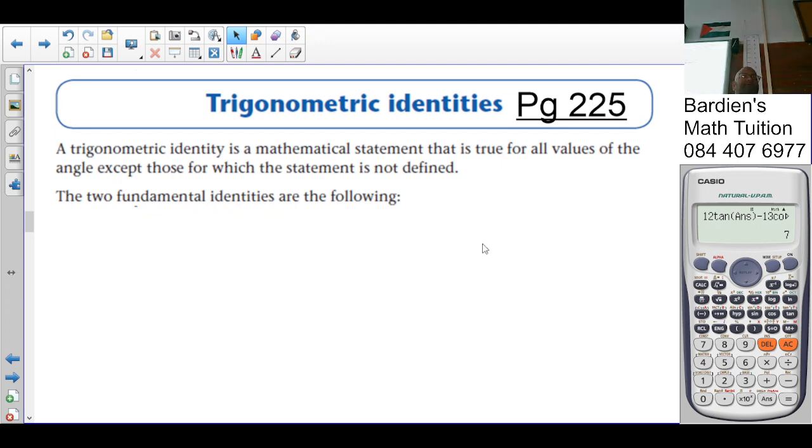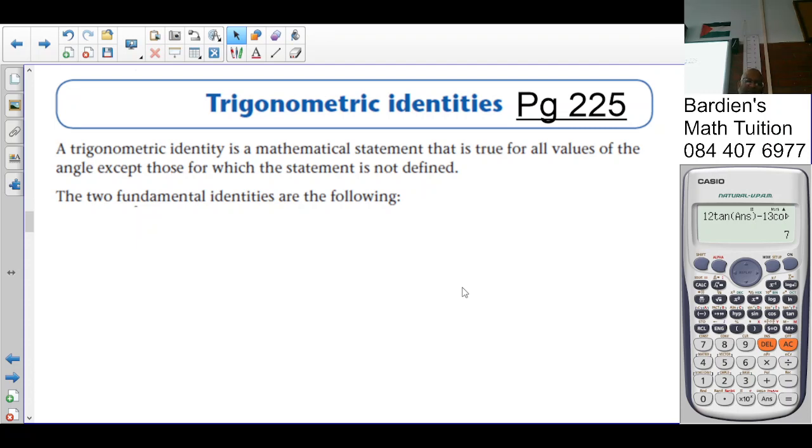Any question? Okay, I want you guys to write this down. Your heading is trigonometric identities. We're on page 225. A trigonometric identity is a mathematical statement that is true for all values of the angle except for those for which the statement is not defined. You write that down.